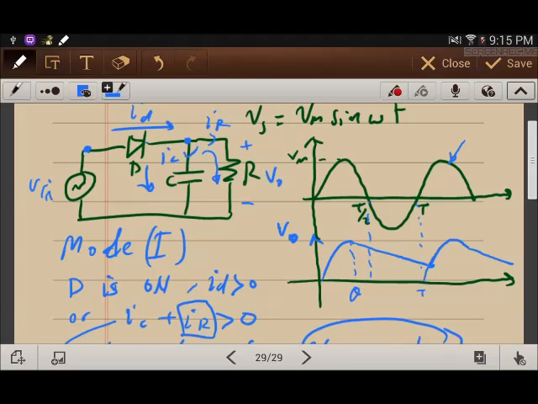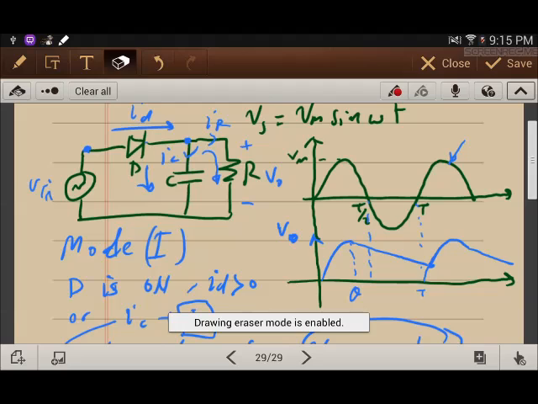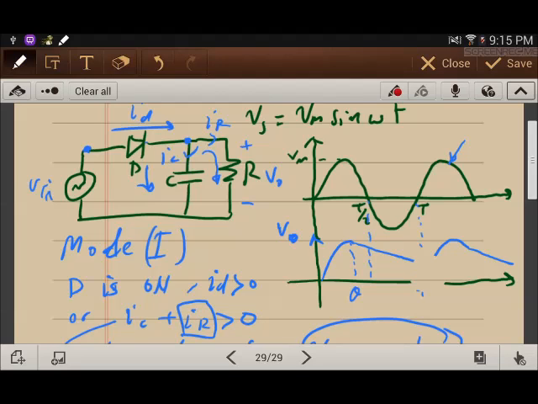So this is T, so I can write it in this way. At this angle we call it alpha plus pi, which is the angle at which the diode will turn on again on the second period.